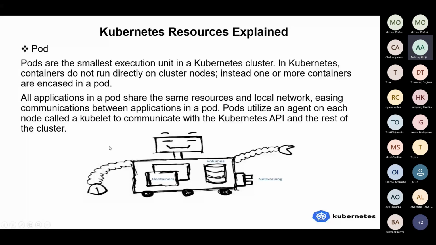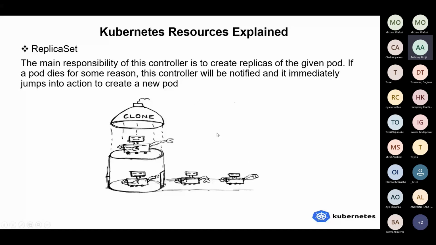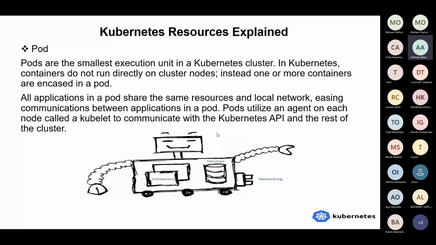Next, as a resource, we have replica sets, and the main responsibility of a replica controller is to create replicas of a given application or a given pod. So remember when I was talking about pods. Maybe you want to scale up and scale down your applications.